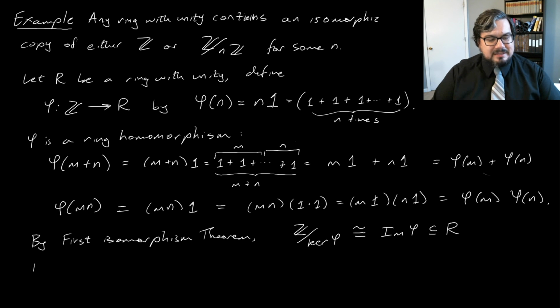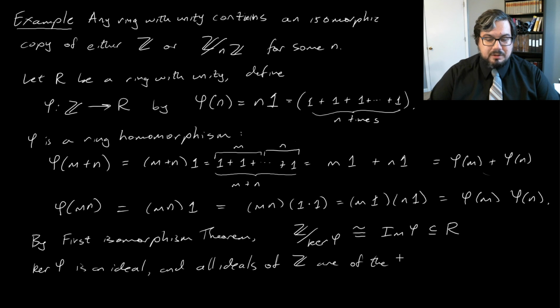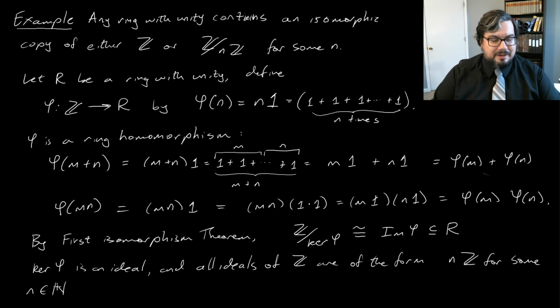Now, the last thing that we need to show is that the kernel of phi is an ideal. And all ideals of the integers are of the form nZ for some natural number n.